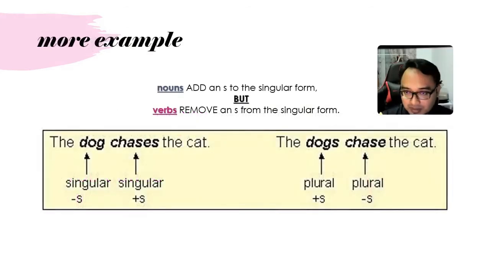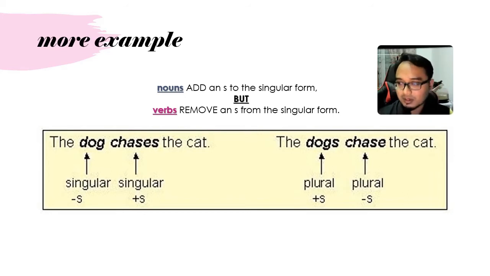More examples. Okay, plural nouns add an s to the singular form, meaning plural, but verbs remove an s from the singular form. This is for plural. Okay, we look at this. The first sentence: the dog chases the cat. The dog is singular, no s. That's why minus s here, single. And then the verb chases, singular verb plus s, the cat.